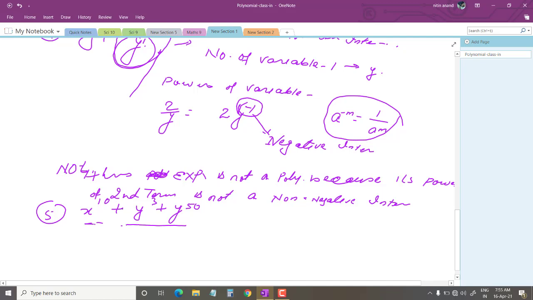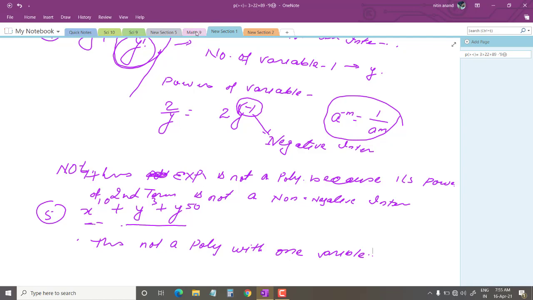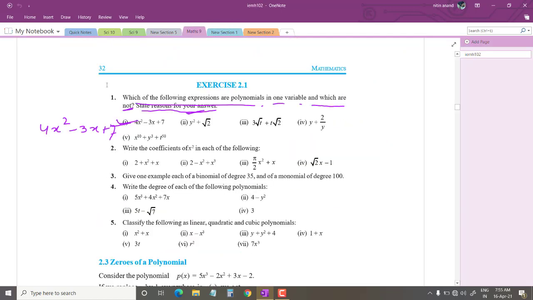Then our final conclusion will be, this is not a polynomial in one variable, because the number of variables is 2, x and y both. So this is not a condition for the polynomial. Clear? Now question number first we have completed.